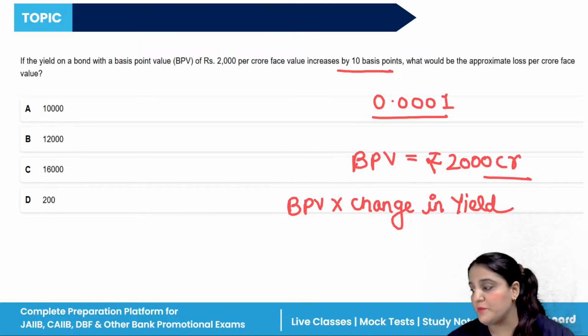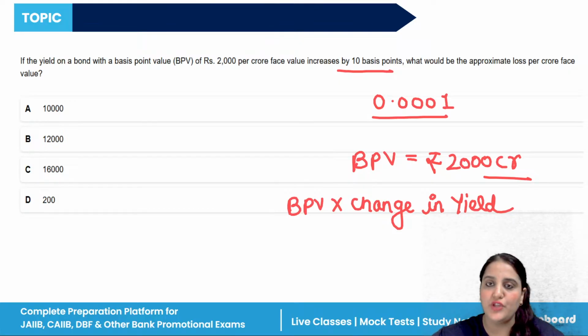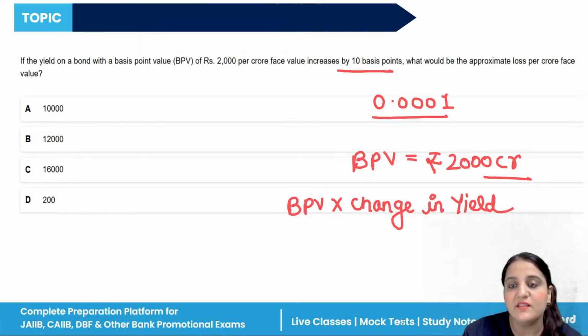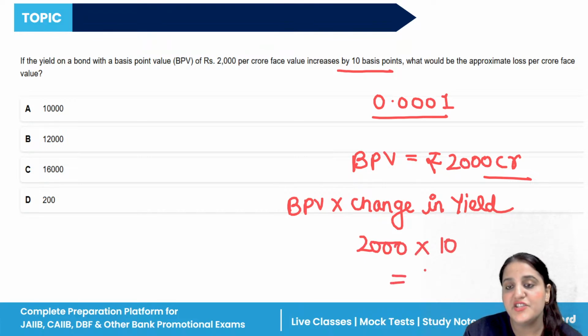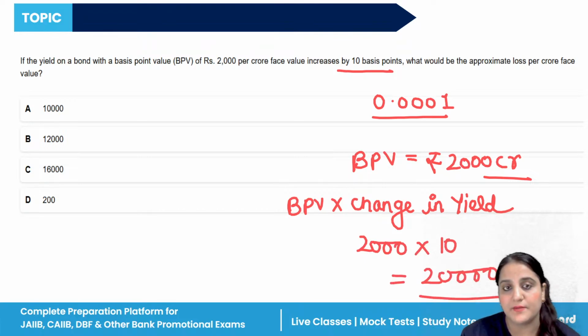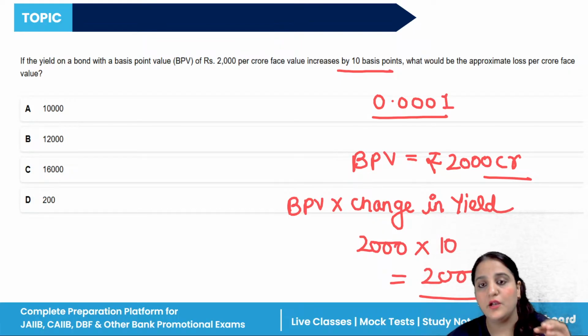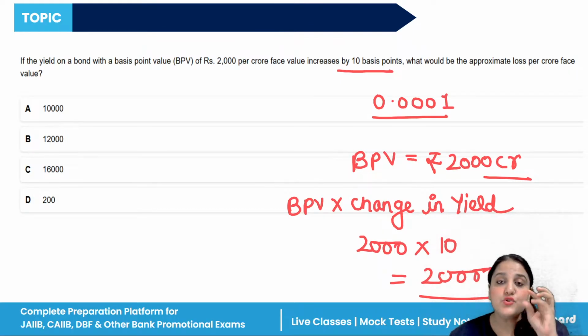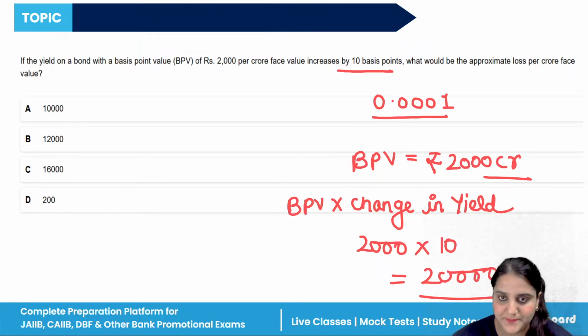This is the formula. The basis point value is 2000, and 2000 multiplied by 10 equals 20,000. So the answer is a 20,000 loss per crore face value.